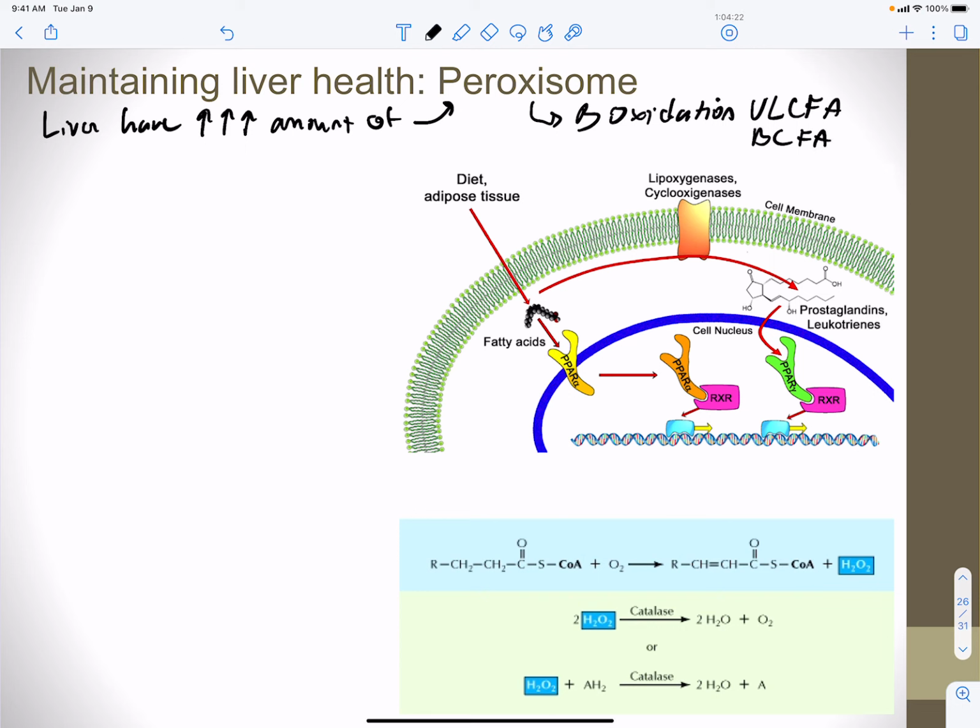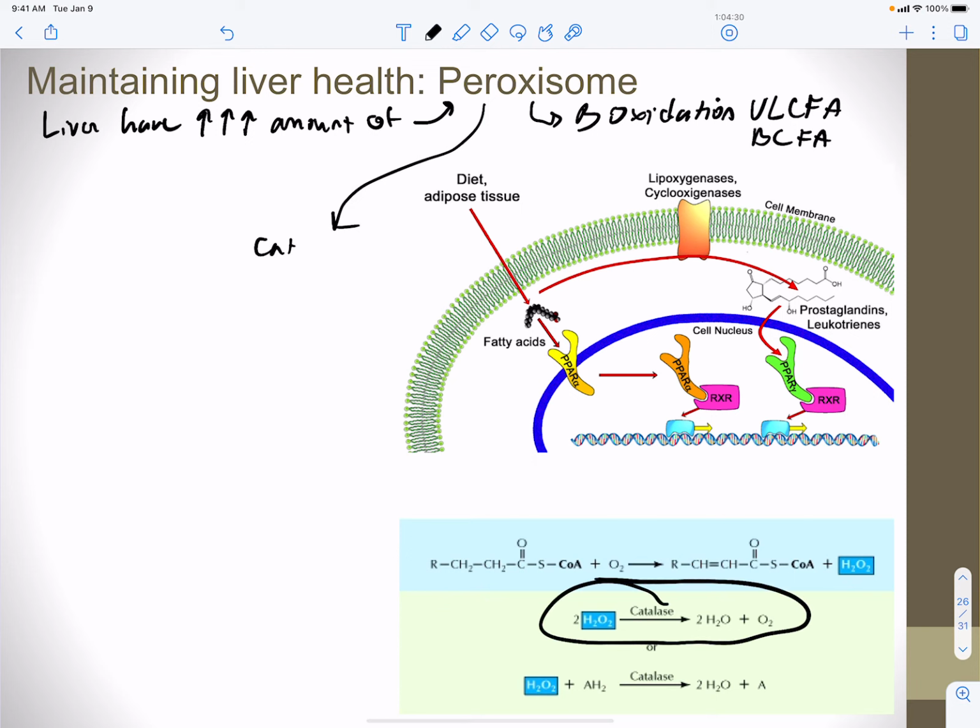As we know, they also have catalase, which is important for detoxifying hydrogen peroxide and converting it into oxygen and water.